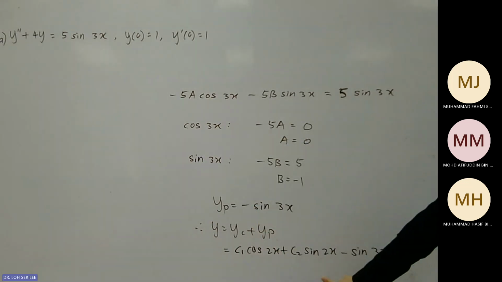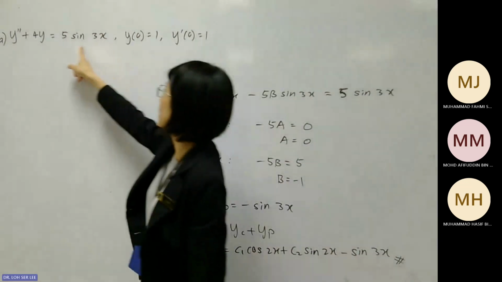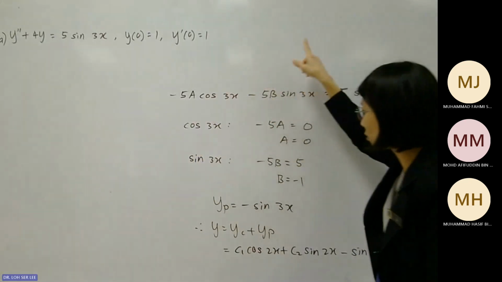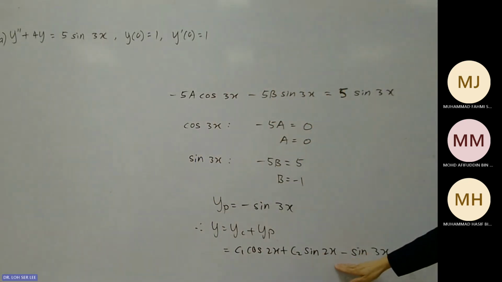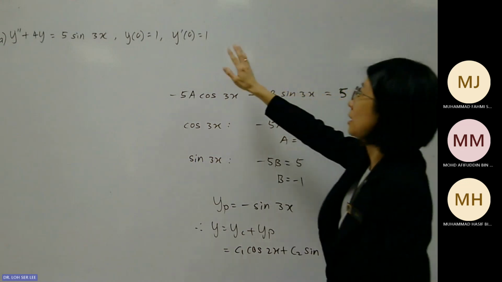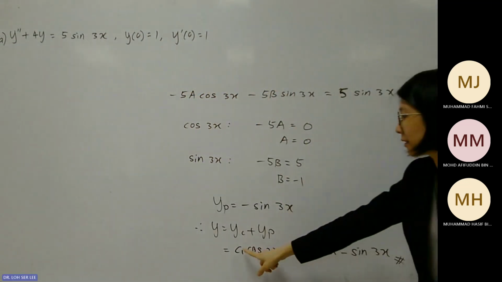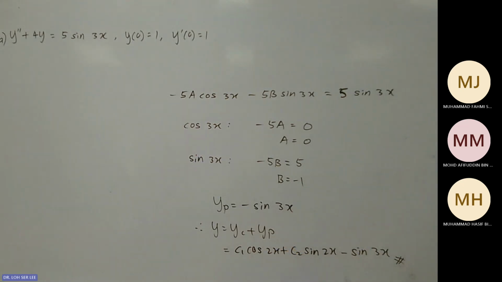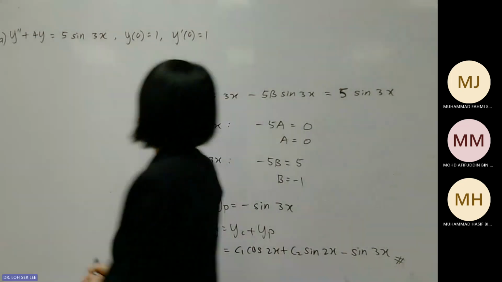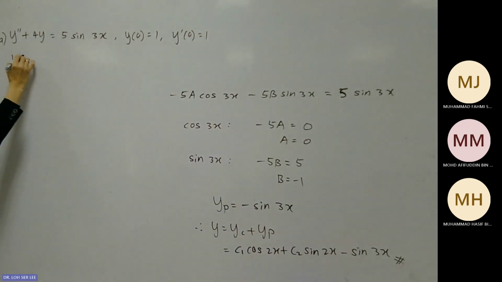So we continue from here. Because when you are solving for this, that's what you have done just now until you get this general solution. So what is the use of these initial values? To find the values of C1 and C2. So now we will start from here.